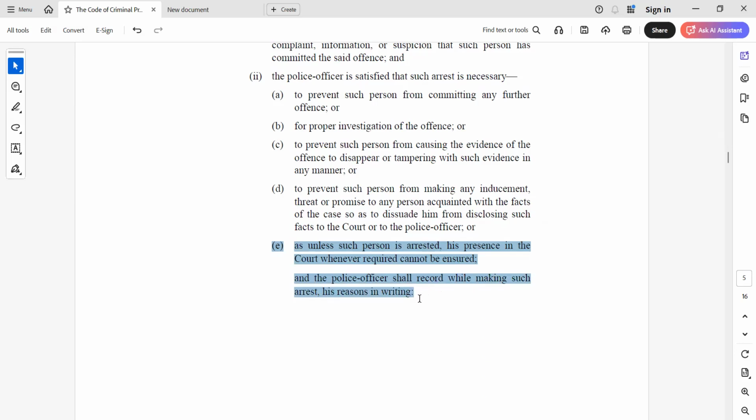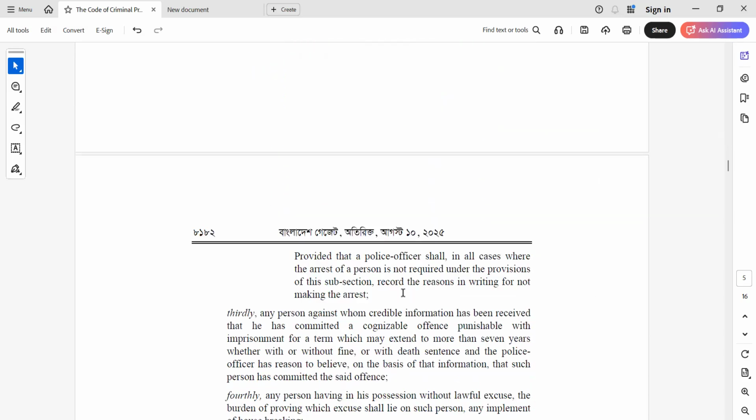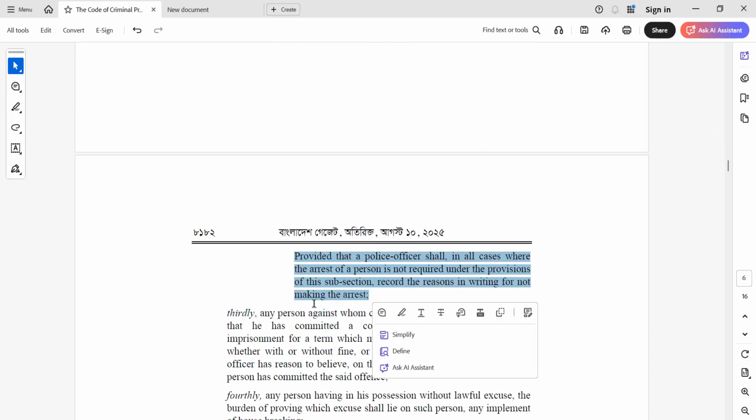The police officer shall record his reasons in writing while making such arrest, provided that a police officer shall, in all cases where the arrest of a person is not required under the provision of this subsection, record the reason in writing for not making the arrest.